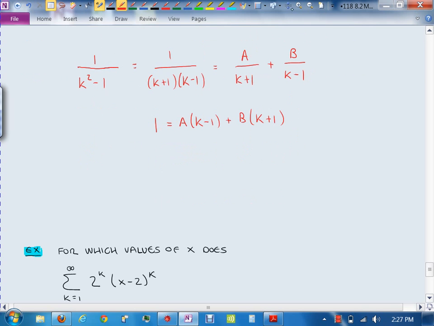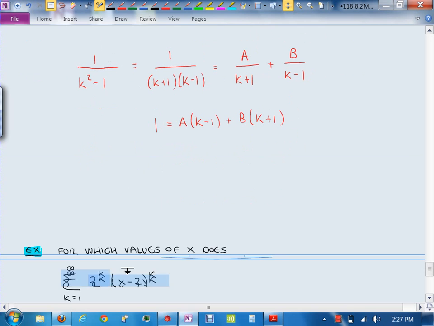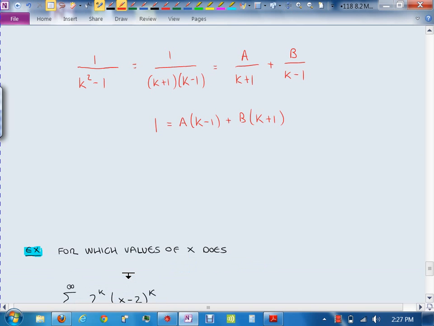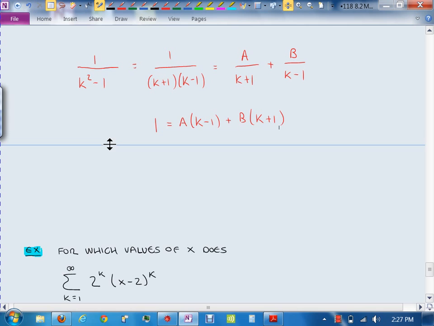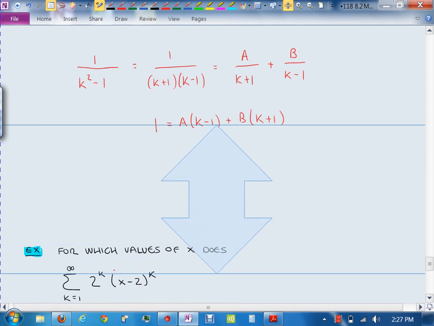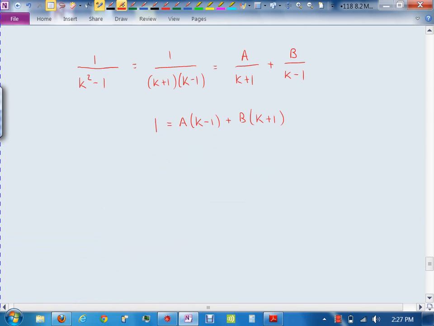So I'm trying to find a and b, right? So this is where I come in and I say let k equal negative 1. If I do that, I get 1 equals negative 2k.